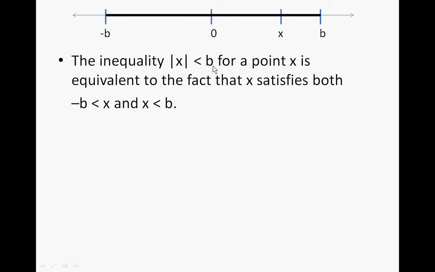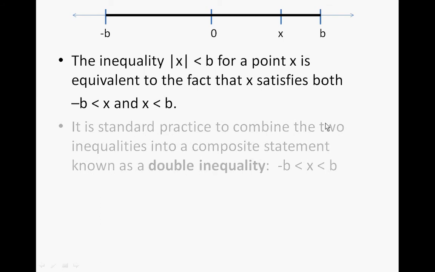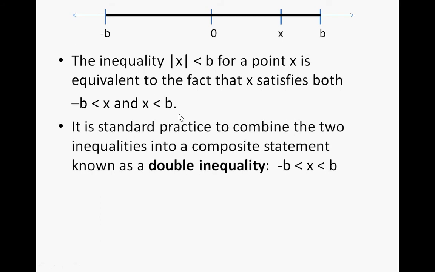So for this one statement here, we actually get two other facts from this. So it is standard practice to combine these two inequalities into a composite statement known as a double inequality. So we can say minus b is less than x, which is less than b. So in this case, we can just simplify this as the absolute value of x is less than b, and we know it to mean that it's this double inequality.